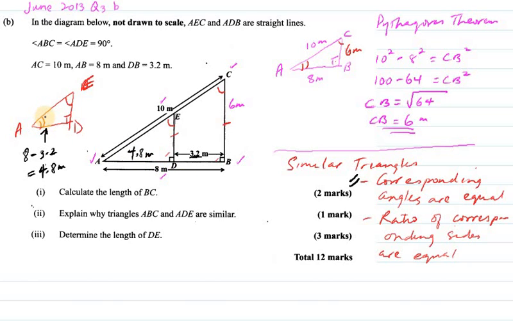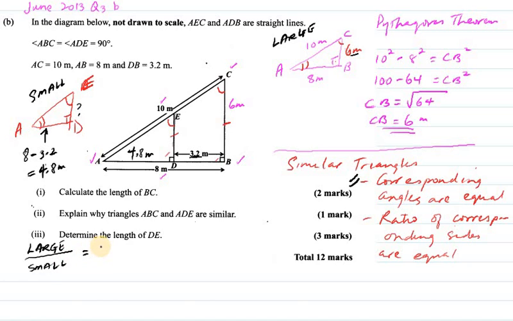Now why did I find that 4.8 meters? Because I am looking at the corresponding lengths now. I have this is 6 and I want to find this. So this is my small triangle and this is my large triangle. I'm going to set up a ratio of the corresponding sides, large over the small in terms of the length.